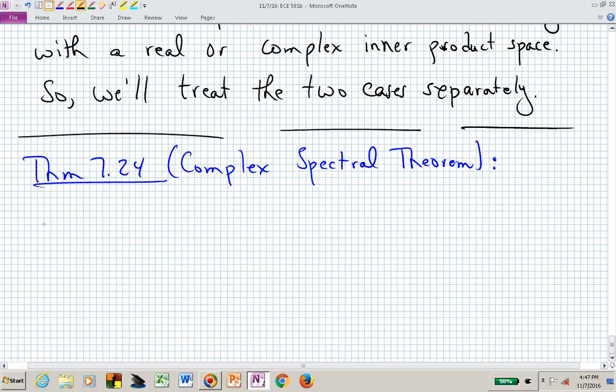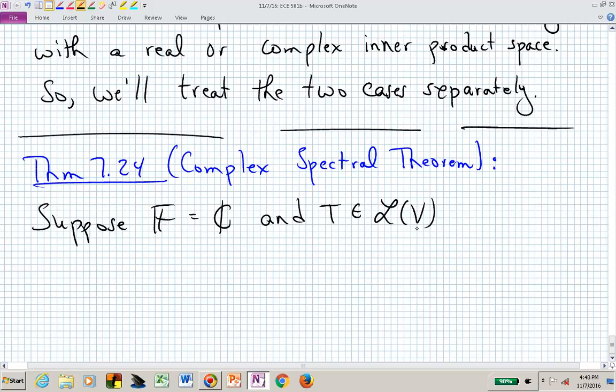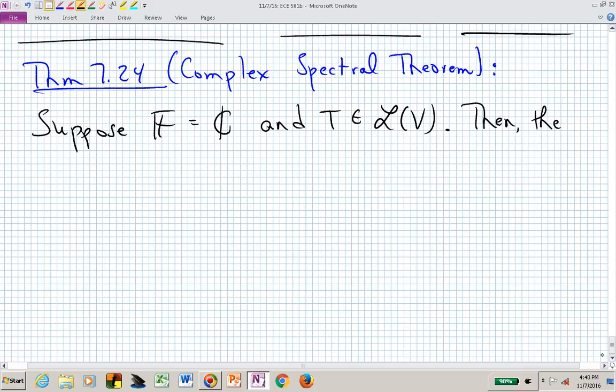Suppose we are dealing then with the field of complex numbers. Suppose F is our complex field, and we have an operator T on the inner product space or the vector space V. Then we can actually show equivalence of the following three statements.